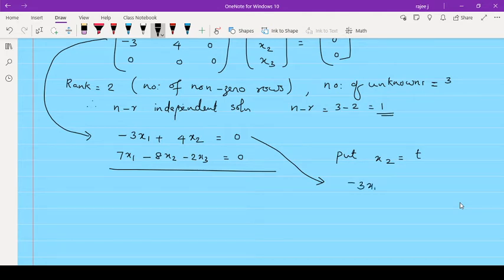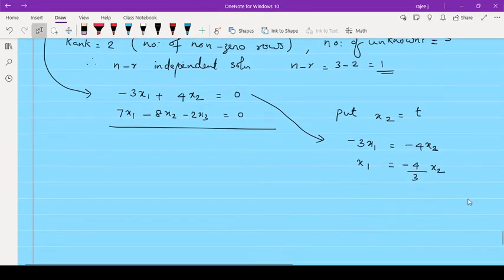So minus 3x1 equals minus 4x2 will come. From here, x1 is equal to minus 4 by minus 3 x2, which means plus 4 by 3 x2, and x2 is t. So here a fraction comes, but I do not want that fraction.